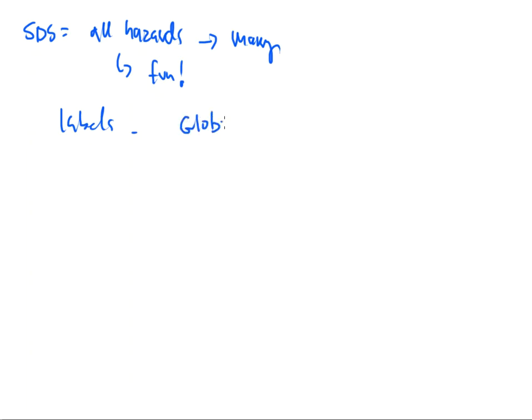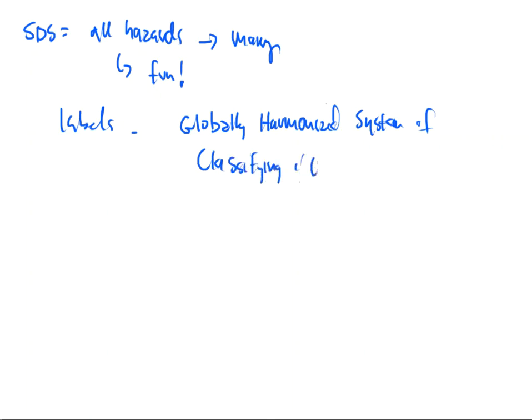And these people are going to be called the Globally Harmonized System of Classifying and Labeling Chemicals. We shorthand this to GHS. So GHS is the Globally Harmonized System of Classifying and Labeling Chemicals.